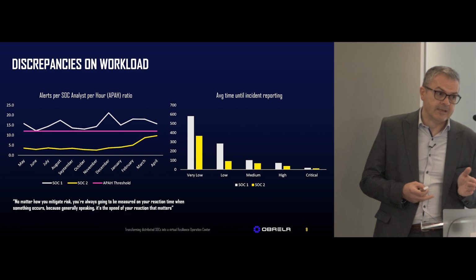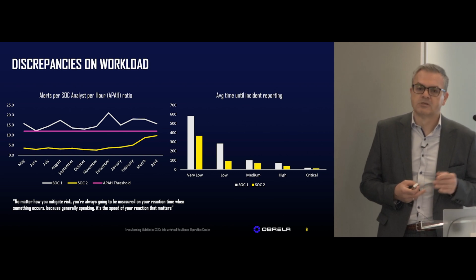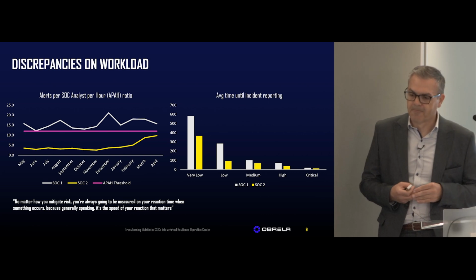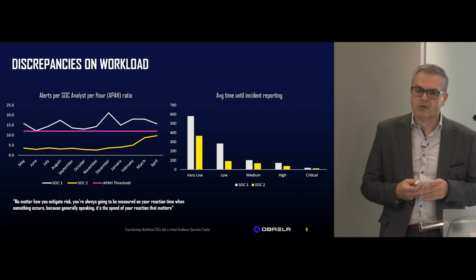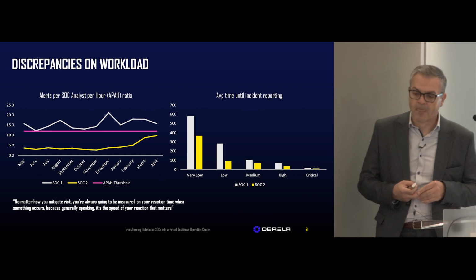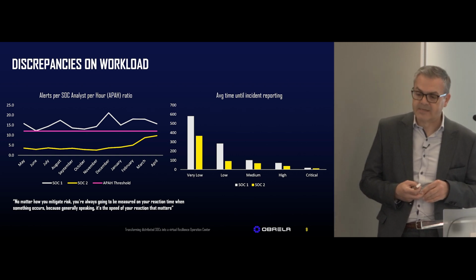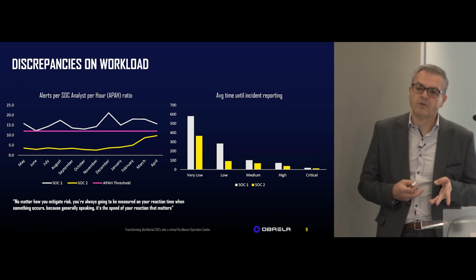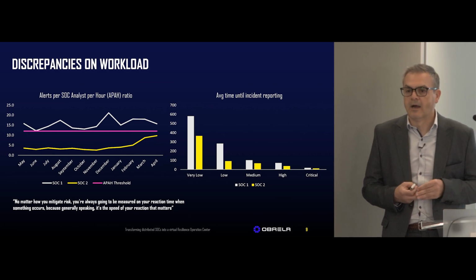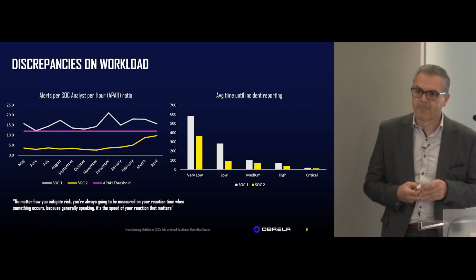A lack of agility can leave SOCs ill-prepared to handle complex cyber attacks. This may introduce higher operational costs due to uneven distribution of workload between SOC teams, or higher levels of stress and burnout among staff, leading to lower morale and higher turnover rates.